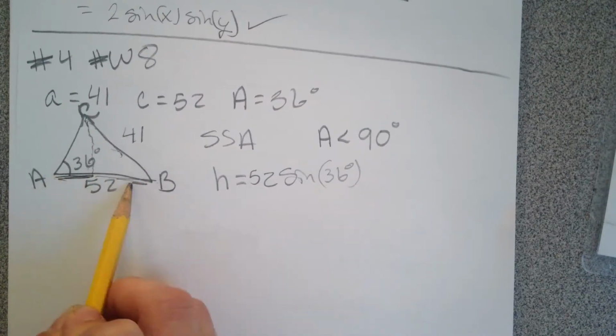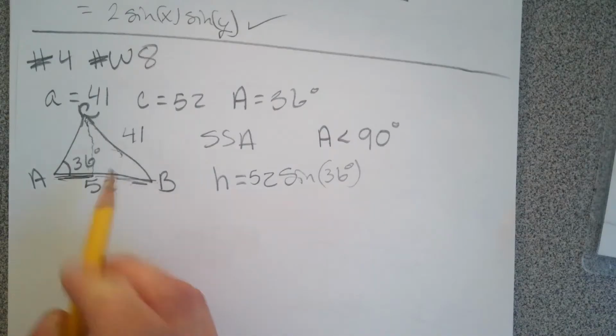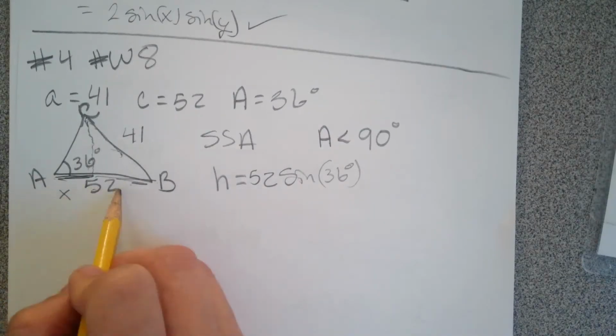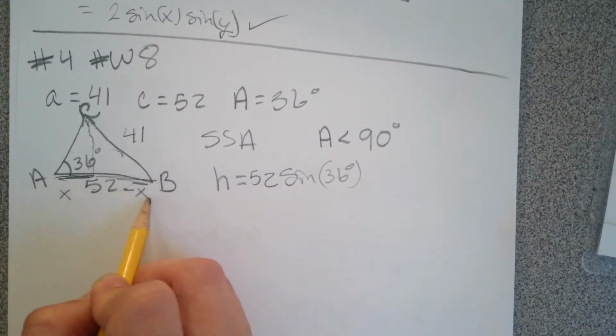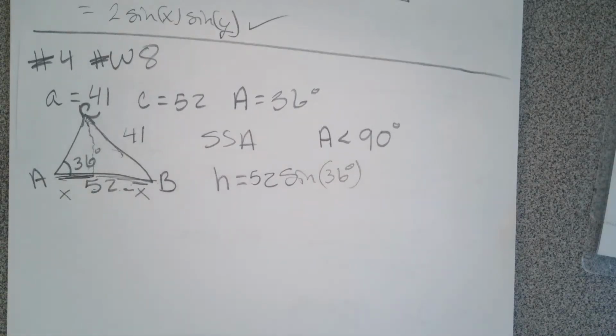So it's not 26 and 26. I would have to do like this side is X and this side is 52 minus X, and then I would have to set up a proportion and solve for X and then find H. It's absolutely possible, but it's going to be just as many, if not more steps.